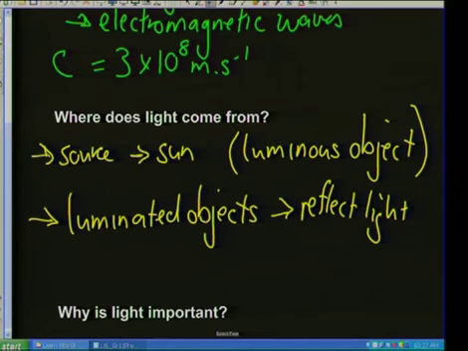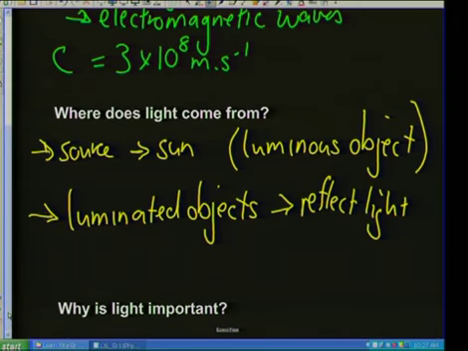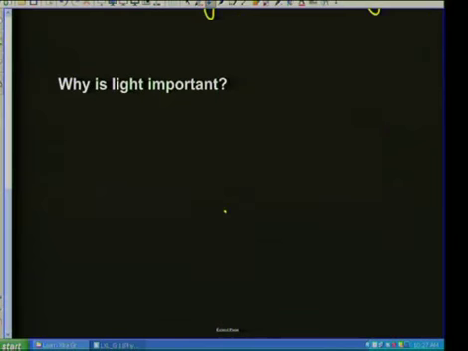So we see the world around us because light from luminous objects falls on the objects, and we can then see the reflected images through our eyes. So why is light important? Well, first of all, and I think you wouldn't be wrong in saying this, it gives us a much easier and better sense of the world.